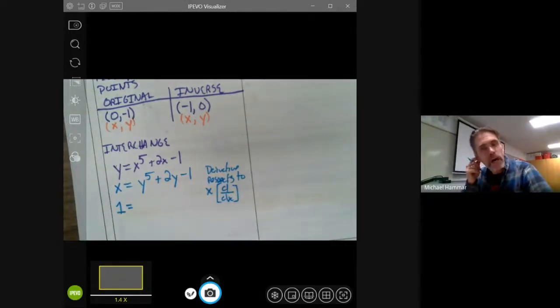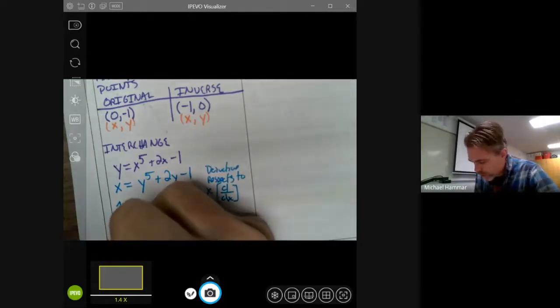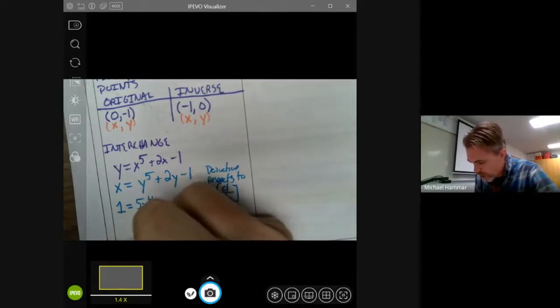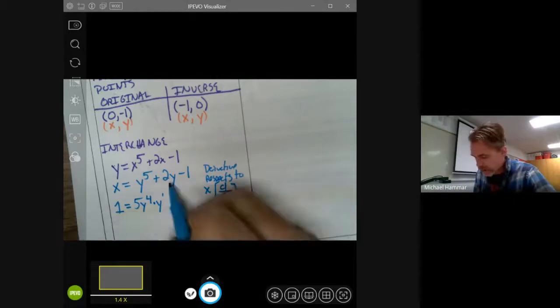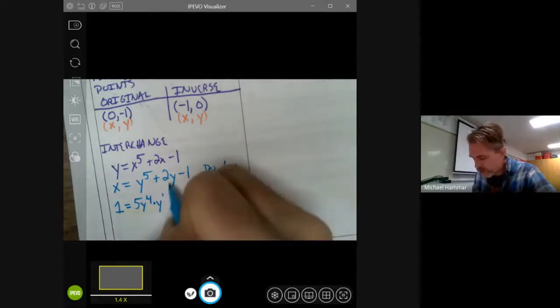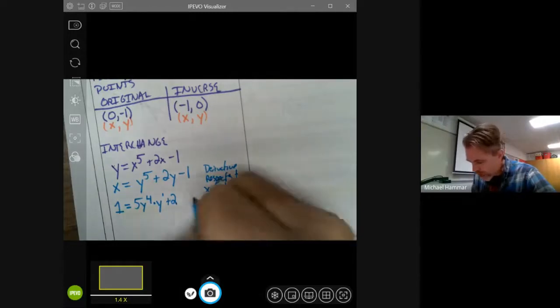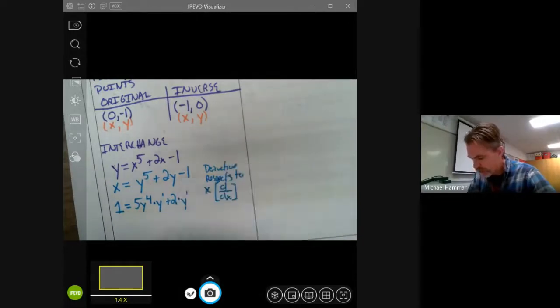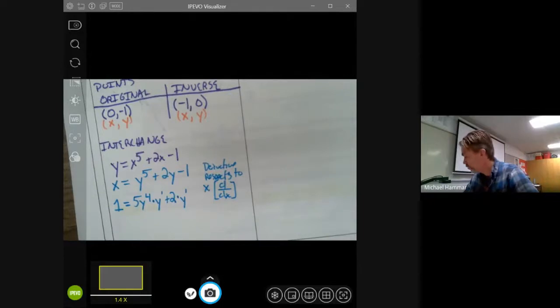The derivative of y to the 5th, remember, anytime you derive implicitly, it's going to be 5y to the 4th times y prime, because it's easier to write out. The derivative of 2y is plus 2 times y prime. And then the derivative of -1 is 0.